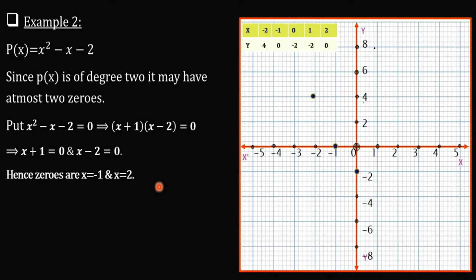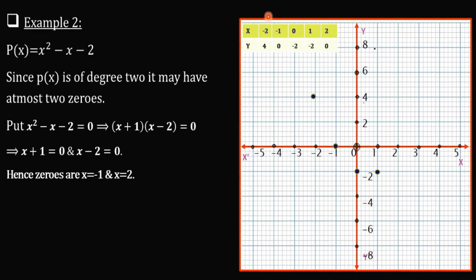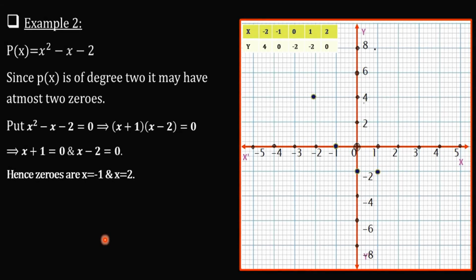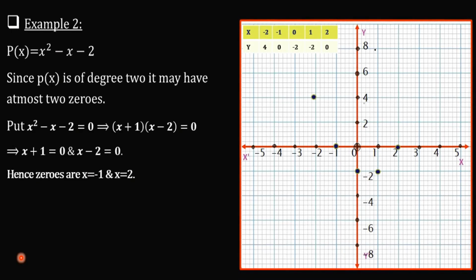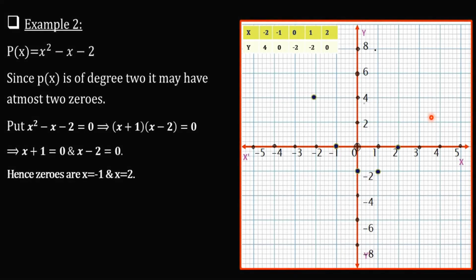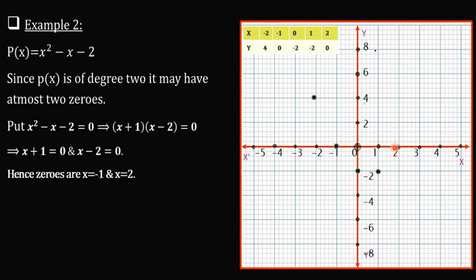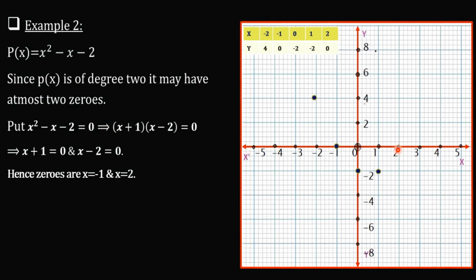Next point is 1, negative 2. That is, the x coordinate is 1 and the y coordinate is negative 2 here. Next point 2, 0. That is this point. The y coordinate is 0 and x is 2. The intersection of both will give this point.